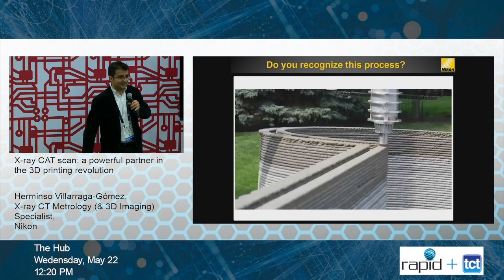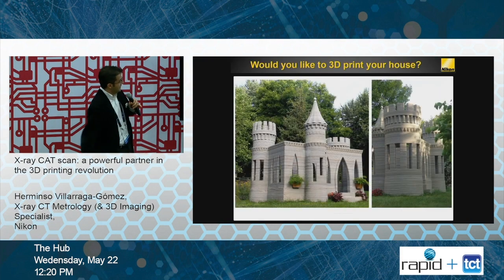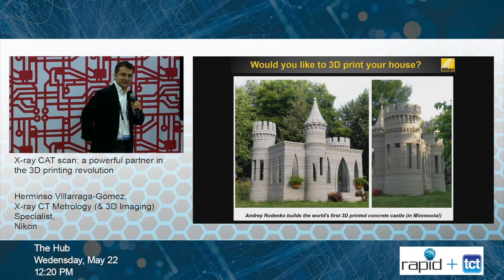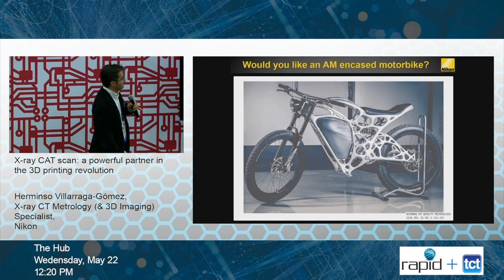And this is an interesting one because it's from someone back in Minnesota who made a house with 3D printing. It's a 3D printed castle. You know, there are crazy people everywhere. So someone decided to create that.